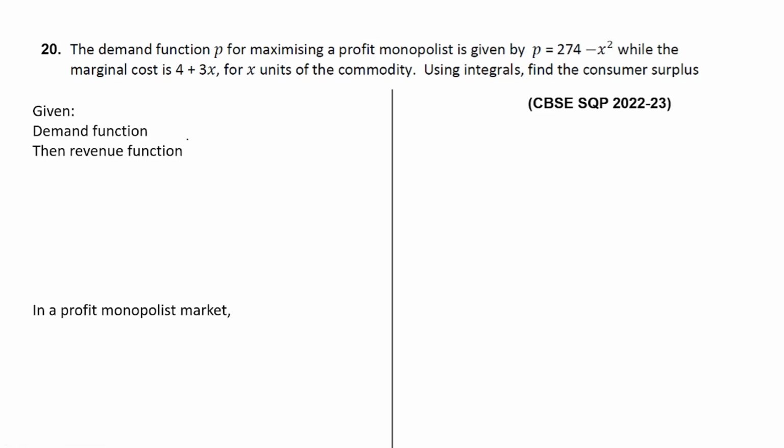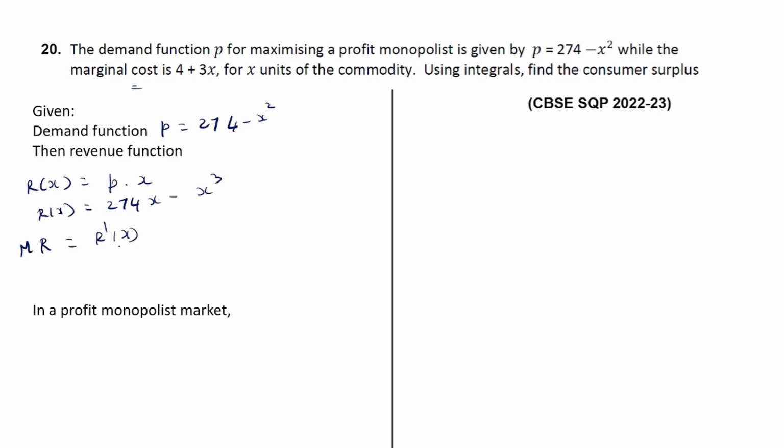So here given demand function is P equal to 274 minus x square. So the revenue function will be R of x is equal to P into x, or it is 274x minus x cube. Here marginal cost is given, we need marginal revenue. Marginal revenue equal to R dash of x.